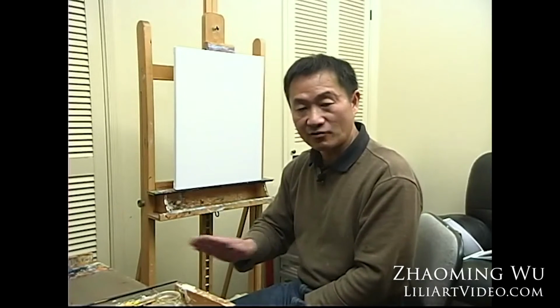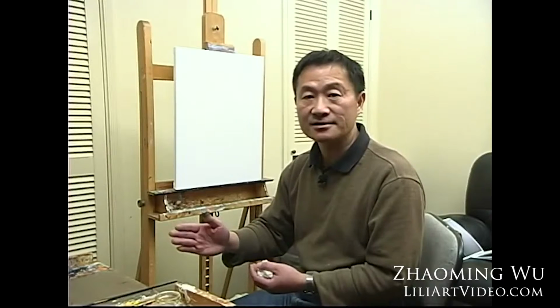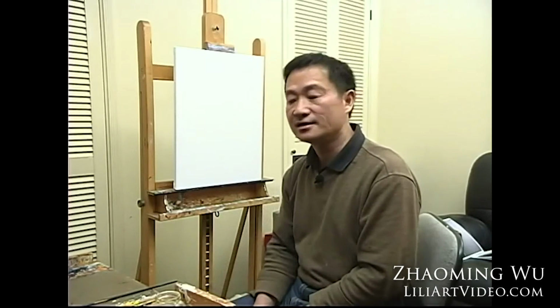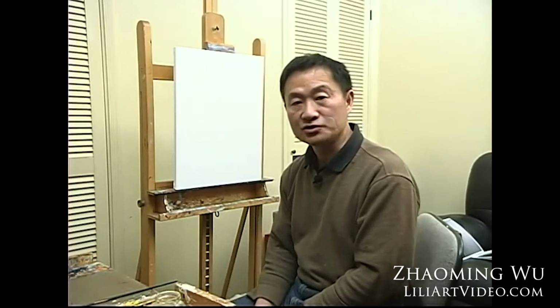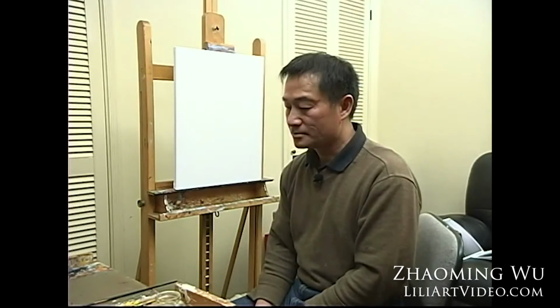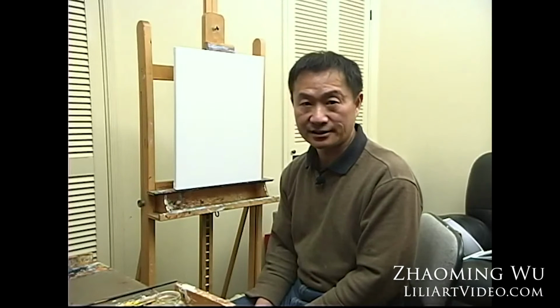I gesso one layer and sand that with sandpaper, then the second layer and sand that, then the third layer and sand that, and the fourth layer and sand that. For small paintings, I mostly purchase from the art supply store. And yeah, that's the way I consider using the canvas.